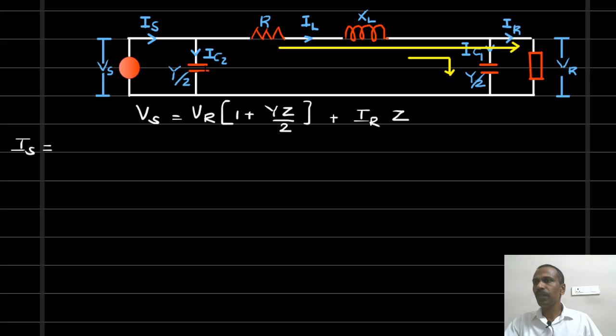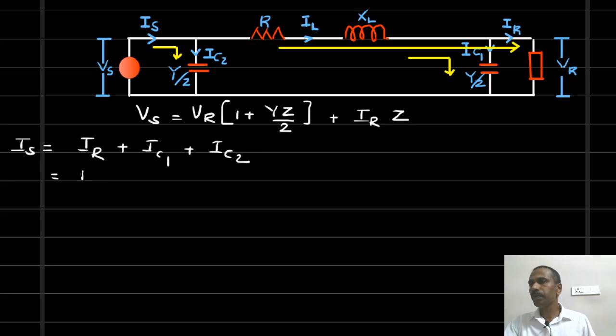Then a portion of the source current flows through this capacitor. So total Is equals IR plus IC1 plus IC2. This is the total source current.